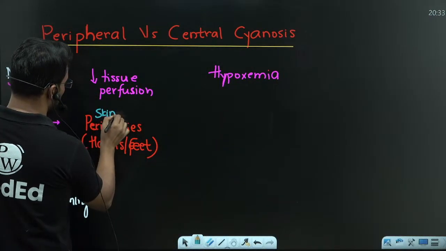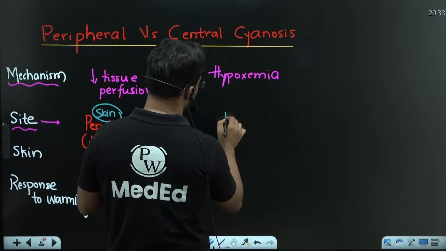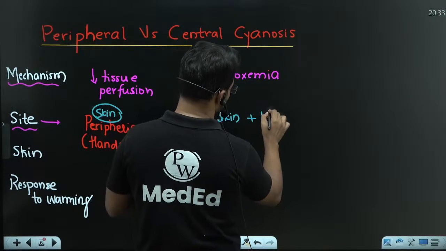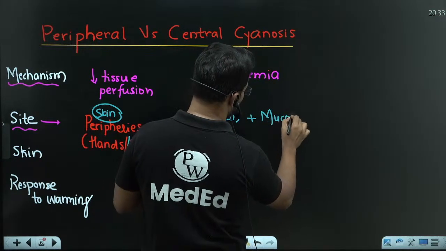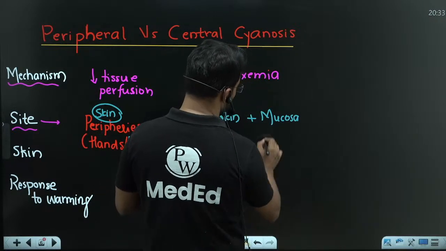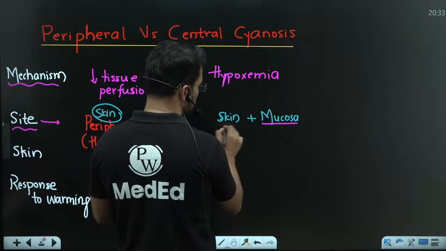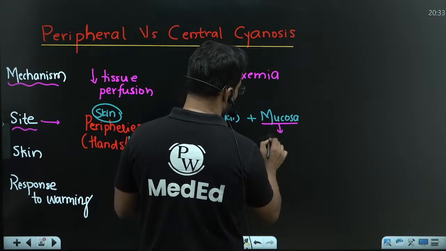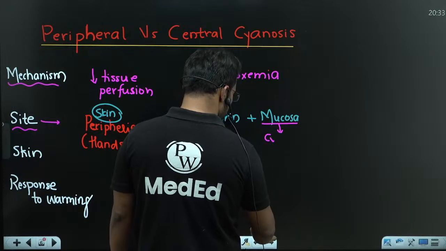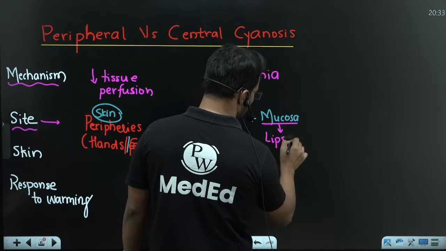There is no involvement of mucosa. But when it comes to central cyanosis, there will be involvement of skin plus mucosa, because your vital organs or core body is also receiving an increased amount of reduced hemoglobin. And when I have involvement of mucosa, where should I look? I should be looking for lips, right, tongue.